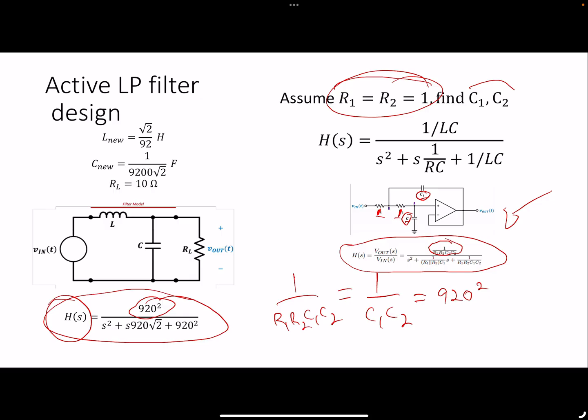And then we also need this thing to be equal to this thing here. So we have 1 over 1 plus 1 to the negative 1 times C1, which is just 2 over C1. That has to be equal to 920 square root of 2.